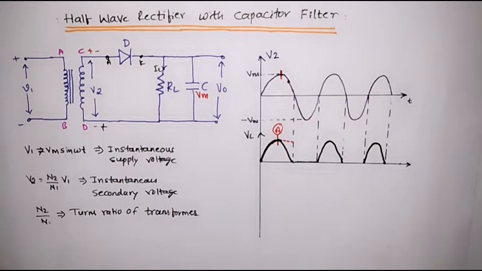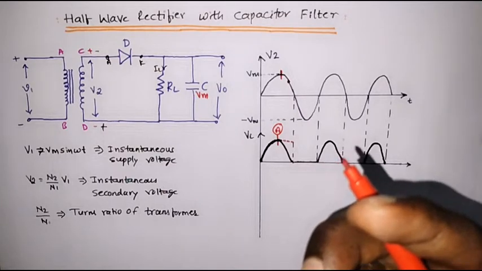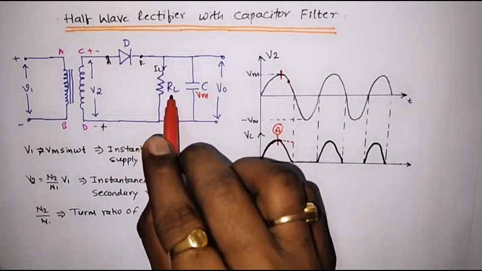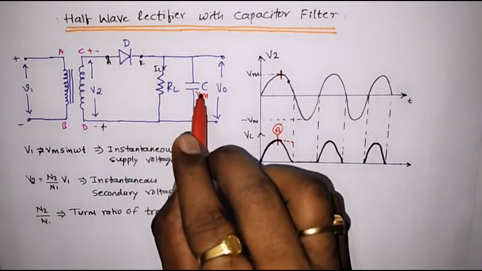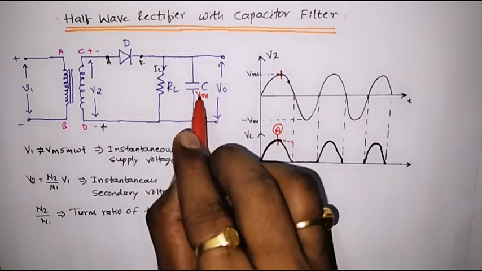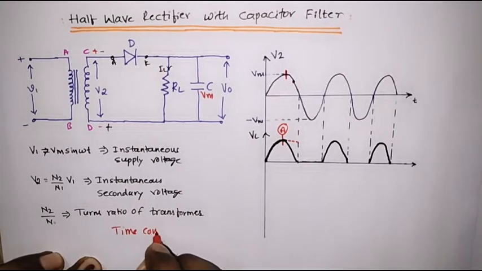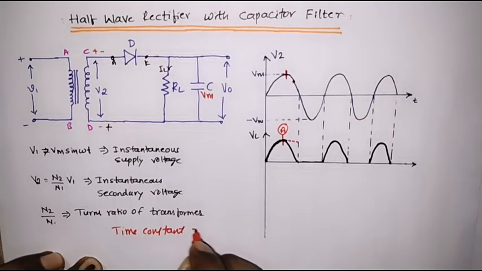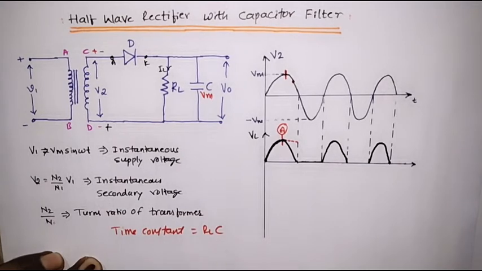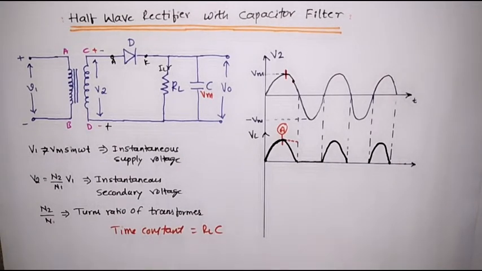The discharging of the capacitor is decided by the values of RL and C. RL and C together are known as the time constant, which is very large, and hence the capacitor will discharge very slowly.